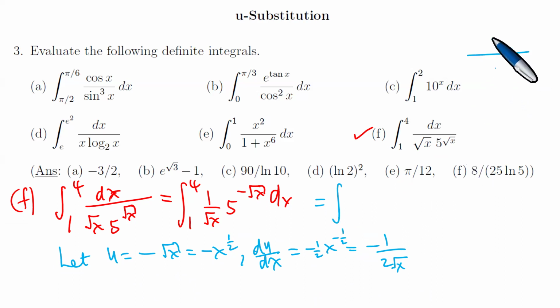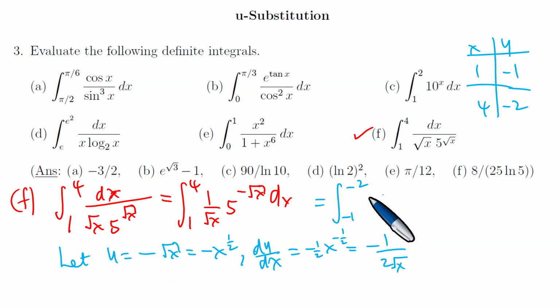Okay, now we can change the limits of integration. X is from 1 to 4. But now we change to u. U is minus the square root of x. So minus the square root of 1 is minus 1. Minus the square root of 4. Square root of 4 is 2, but it's a negative. So instead of integrating from 1 to 4, we're going to integrate from minus 1 to minus 2.